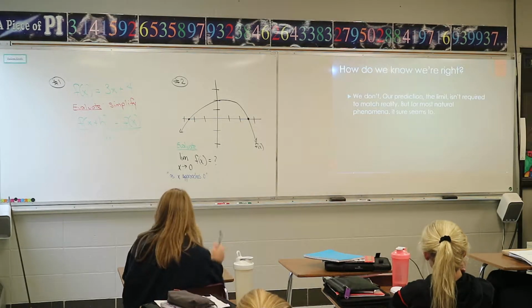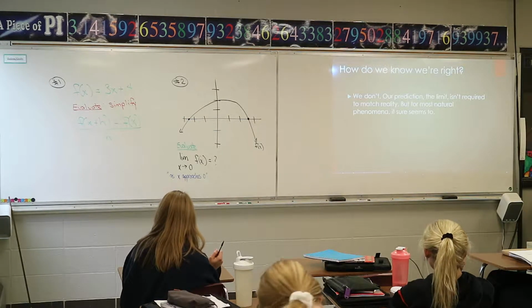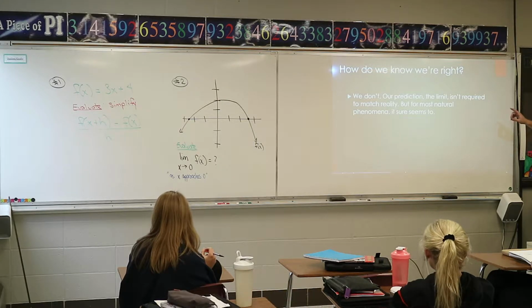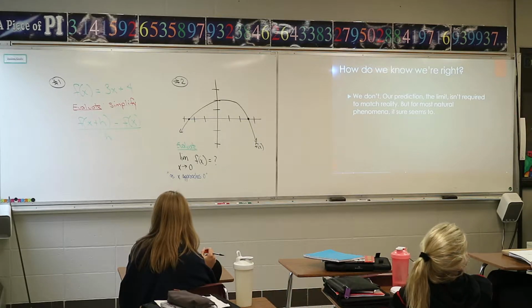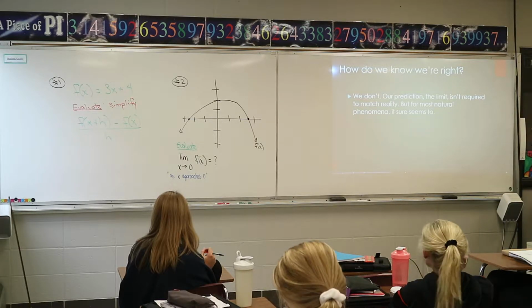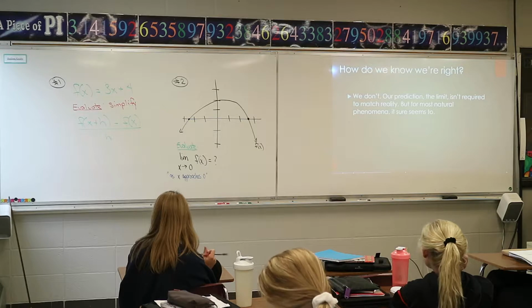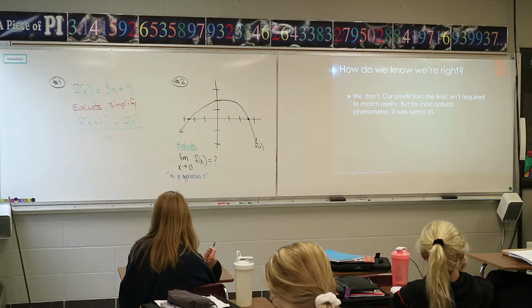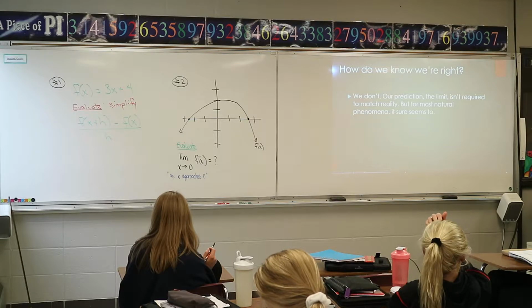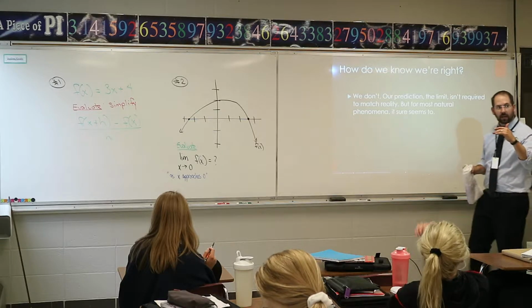So, let's go to the actual formal definition that we need to have here. If you're looking at this, how do we know that we're right on these problems? In theory, we don't know we're right on certain problems. Certain problems do have limits because you can see the graph, and there's a lot of evidence you can point towards. In this class, we're going to learn the very basics of finding limits.